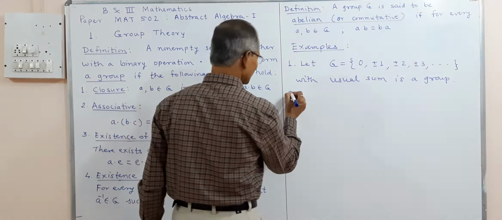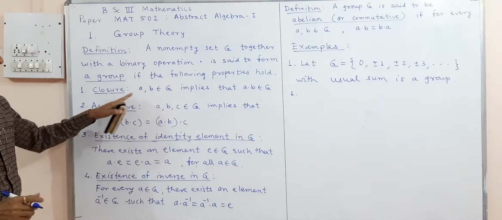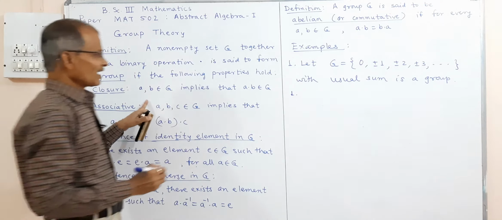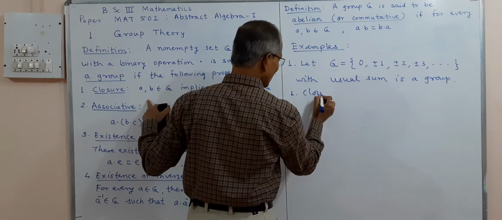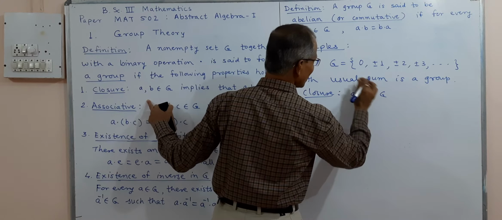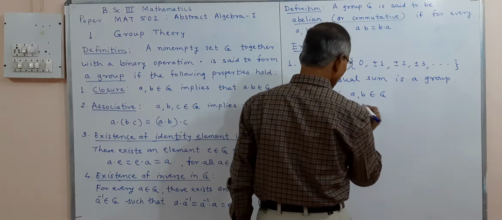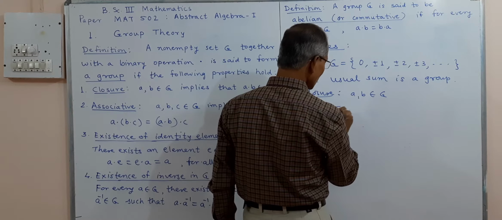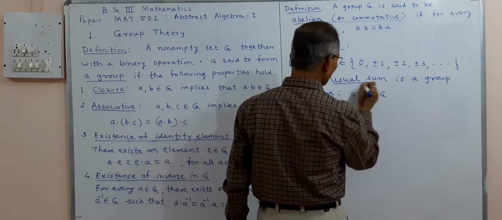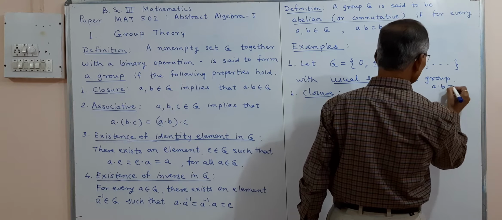Now we shall check the properties. What is the first property? Closure. We will see the meaning of closure property. Here we consider a, b belongs to G, meaning a, b are any two integers. The composition here is usual sum, so a dot b means a plus b.